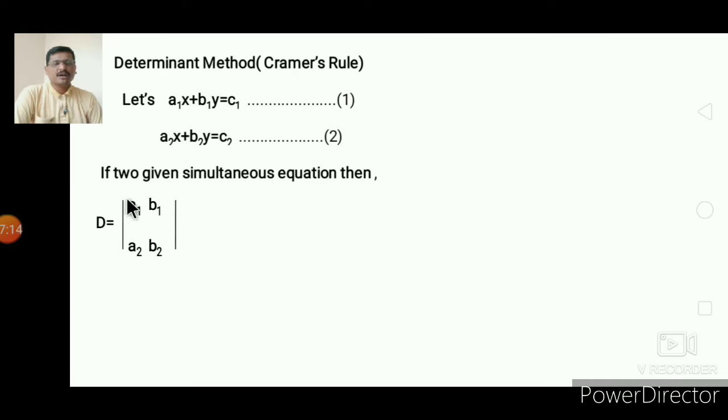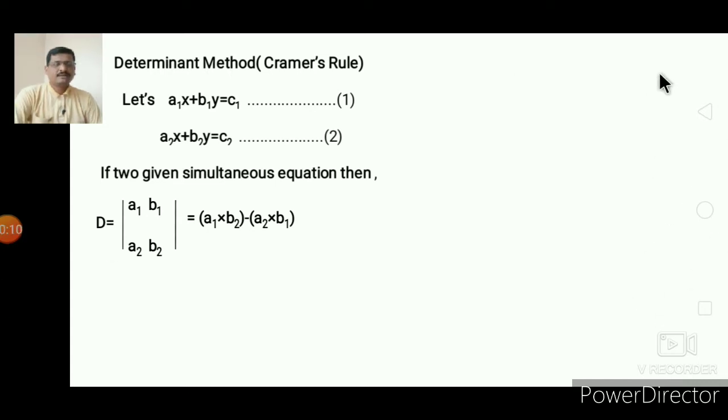The positions of a1, a2 and b1, b2 remain constant. Therefore, the value of the given determinant is a1 into b2, meaning the first element of the first column into the second element of the second column, minus the second element of the first column into the first element of the second column. Therefore, the value of the given determinant is a1 into b2 minus a2 into b1.